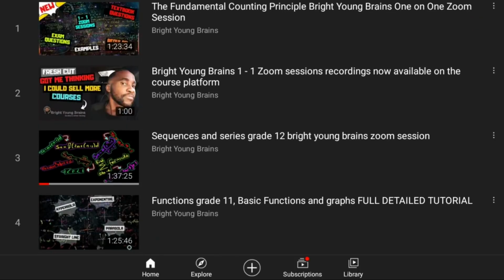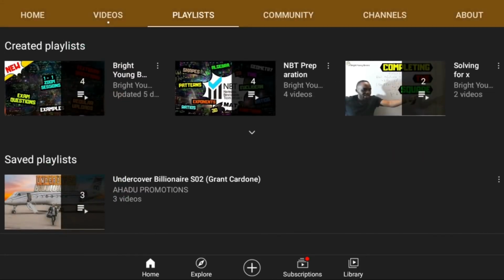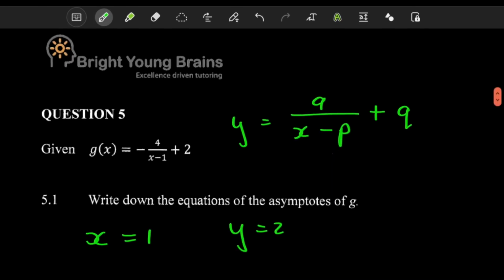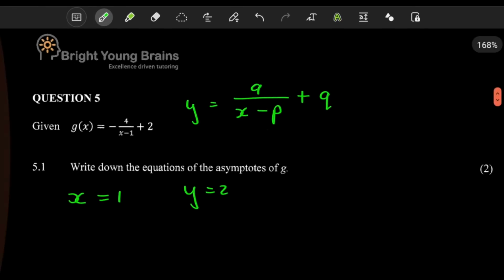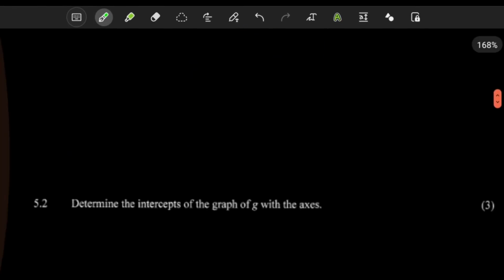It's a bit lengthy, but it's a detailed tutorial on functions, grade 11 basic functions and graphs, full detailed tutorial. It goes through all that you need to know about graphs, and gives you the standard forms and what the standard form means.